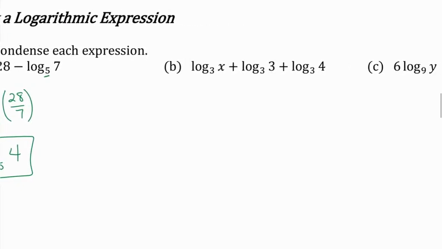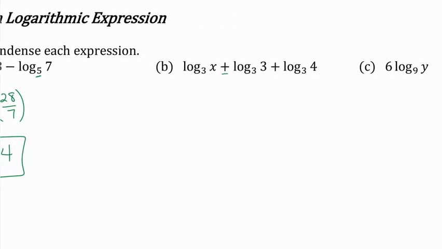Okay, the next one. Now this time we've got addition. This time we have 3 logarithms, and again, notice they're all the same base. That's what we want to happen, right? If it's addition, we can condense them down into multiplication. You can do them 2 at a time, or you can do them all at once. That's up to you. But this would become log base 3.